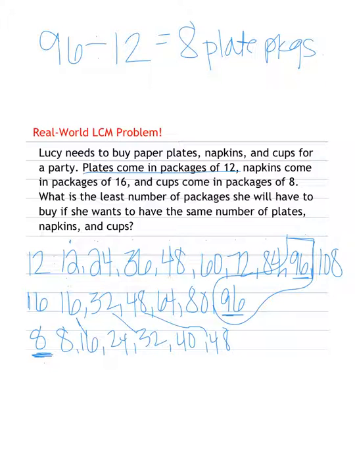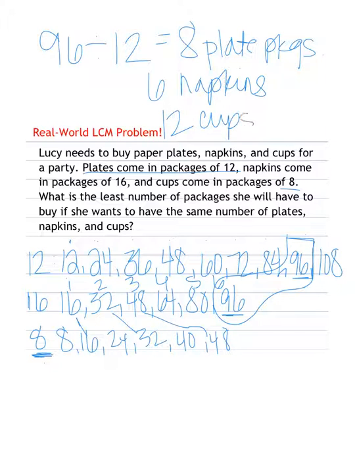And then napkins come in packages of 16. So one package, 2, 3, 4, 5, 6. So 6 packages of napkins. And then 8 means we would need double the amount of cups, so 12 packages of cups. So not only did we find the least common multiple, but then we needed to use that to figure out how many packages we needed of each.